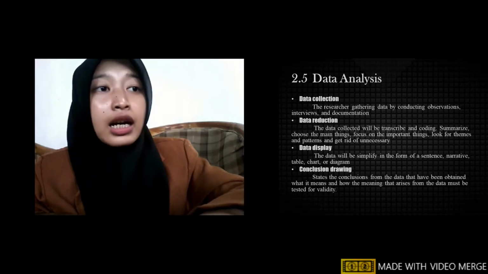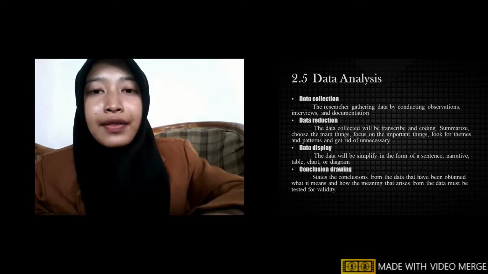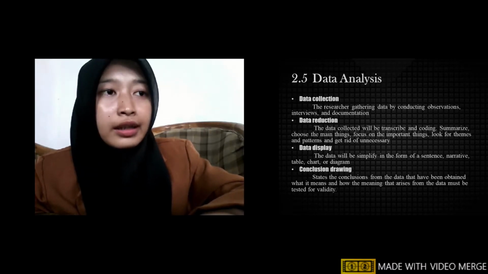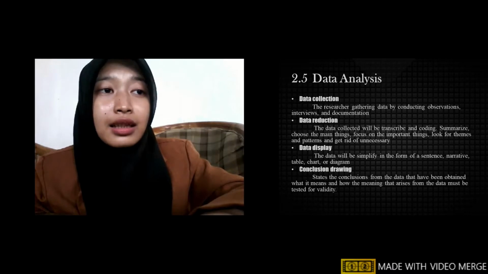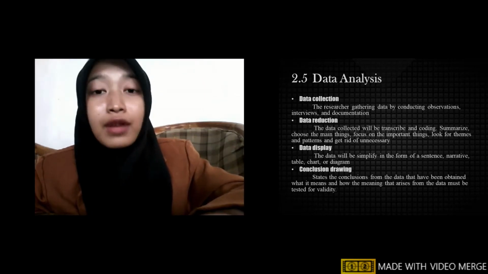Data display. The data will be simplified in the form of sentences, narrative, tables, charts, or diagrams. And conclusion drawing. Conclusion drawing states the conclusion from the data that have been obtained, what it means, and the meaning that arises from the data must be tested for validity.